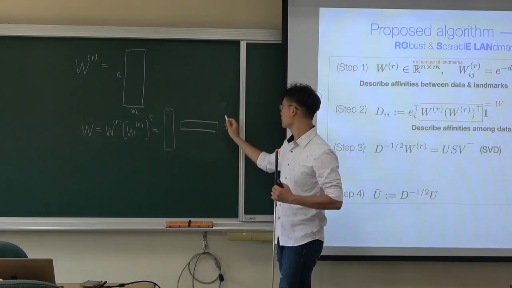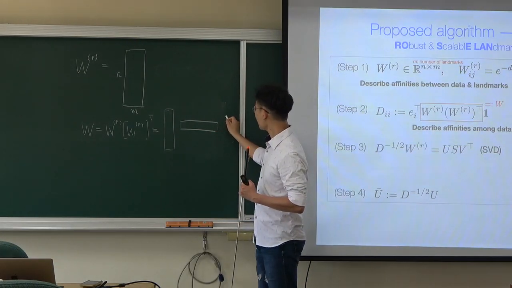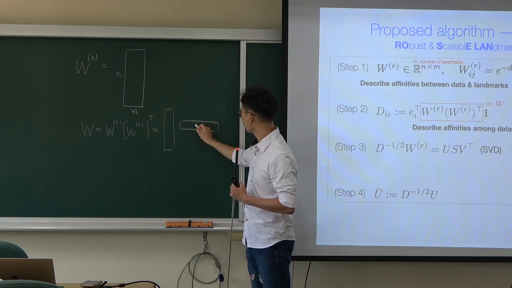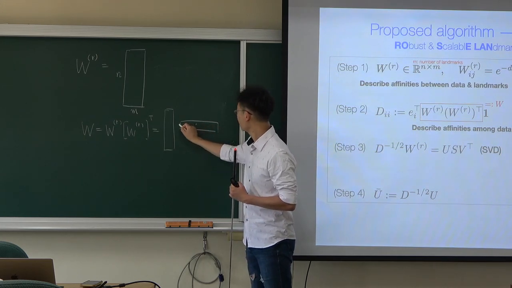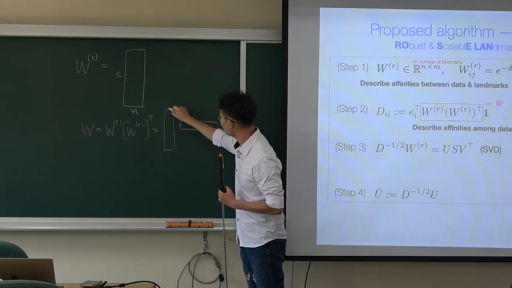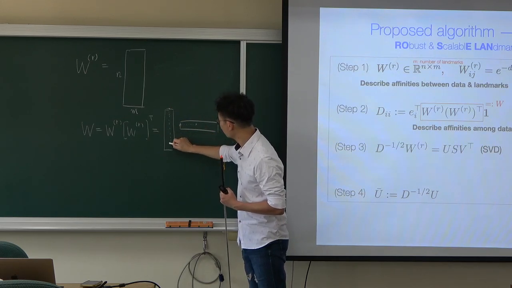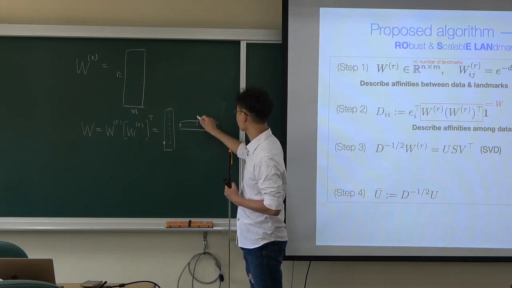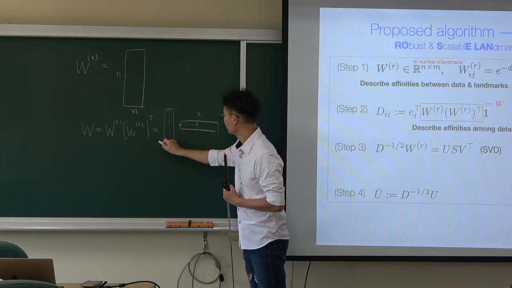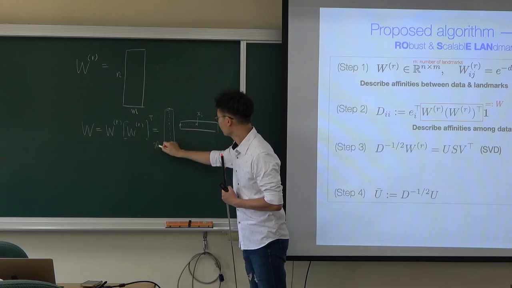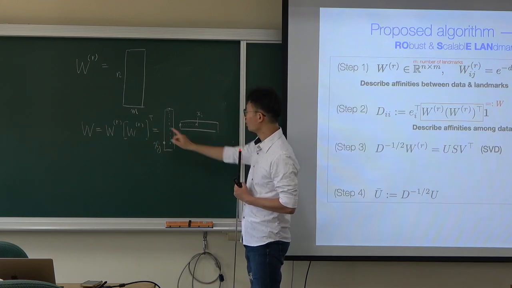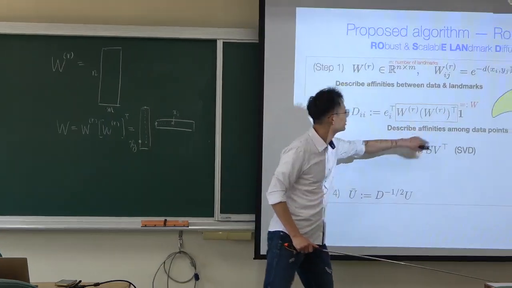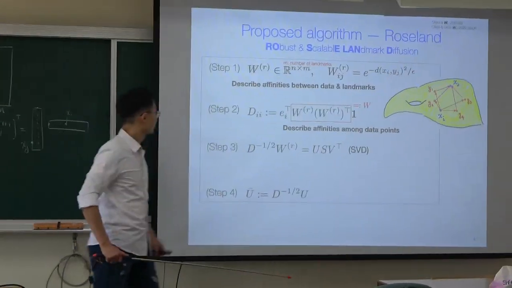What you do is you jump from the data point to one landmark point, and from the one landmark point jump to another data point. That is from xi to xj. That is the meaning of this W matrix entry. So that describes the affinities among data points.